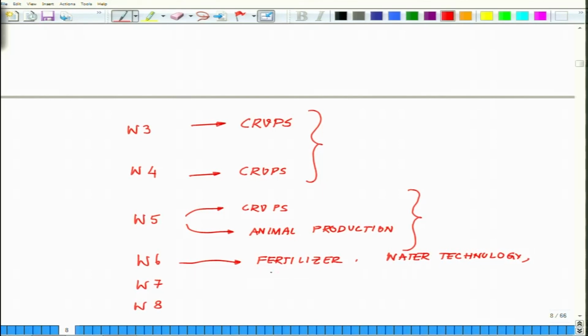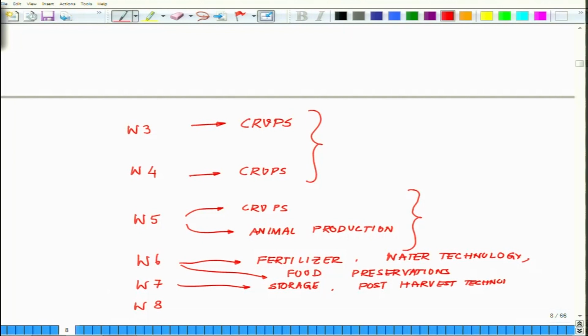Then we will talk a little bit about food preservation, and that will spill over into week 8, where we will talk about storage and other post harvest technologies.